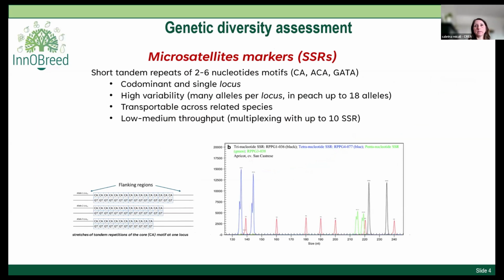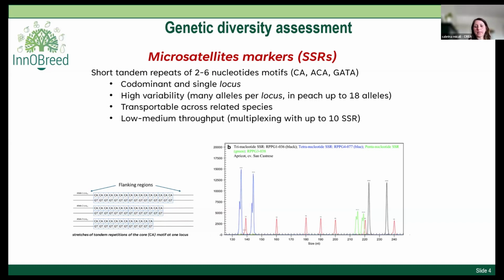They are codominant, mostly single locus, and highly variable, so we can find many alleles per locus, up to 18 alleles. Of course, in one diploid individual, only 2 of them are found.